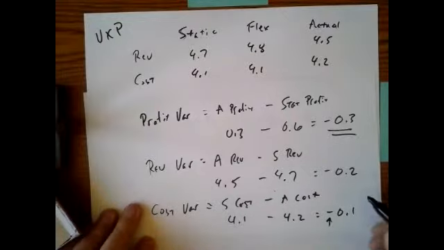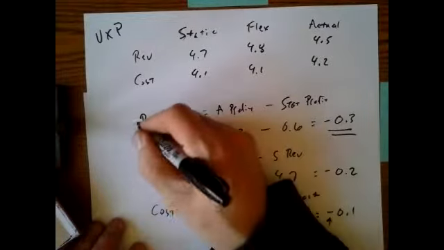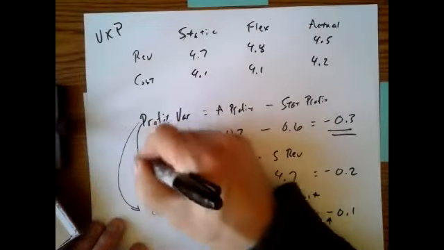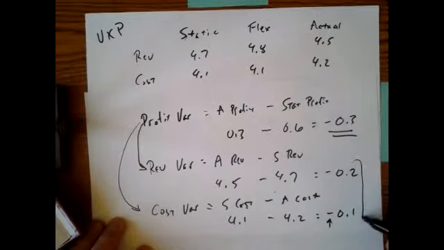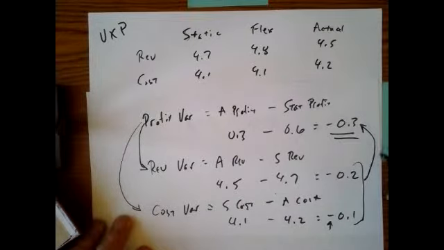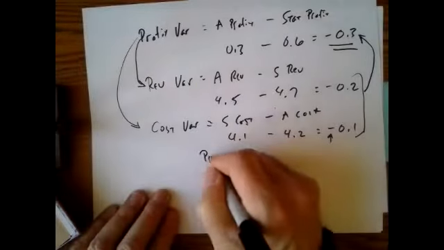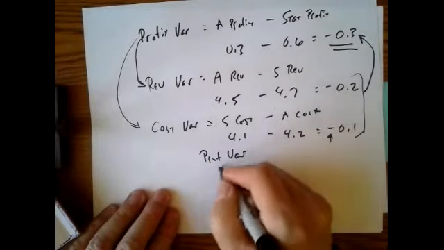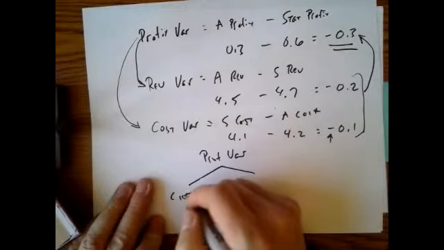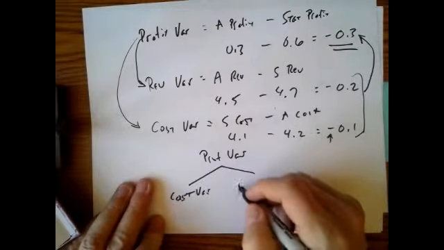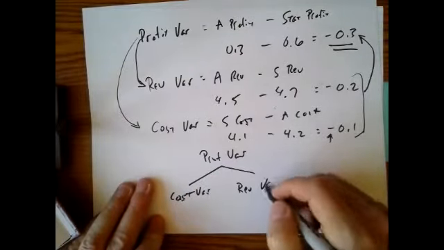Now, here's what I want you to note: profit variance decomposes into revenue and cost variance. So if we add these two things together, negative 0.2 and negative 0.1, they add up to negative 0.3. We could draw that by saying profit variance breaks out into cost variance and revenue variance.